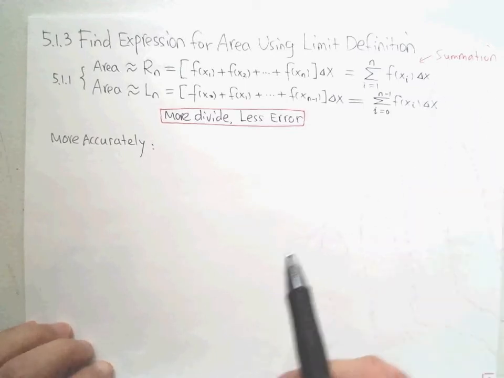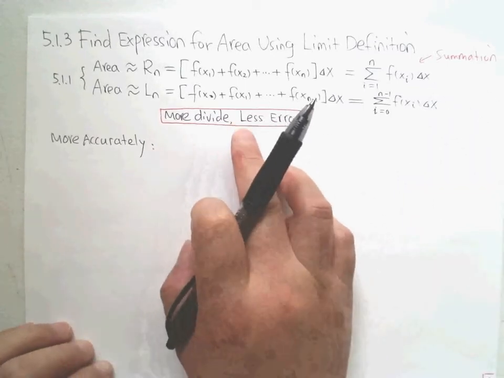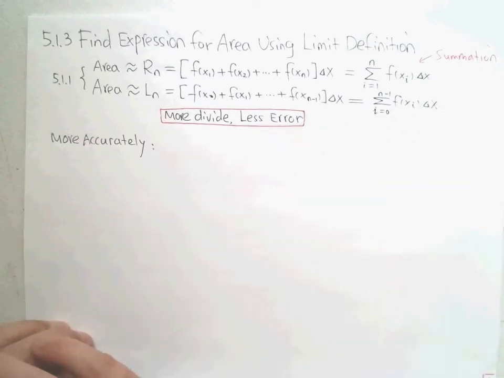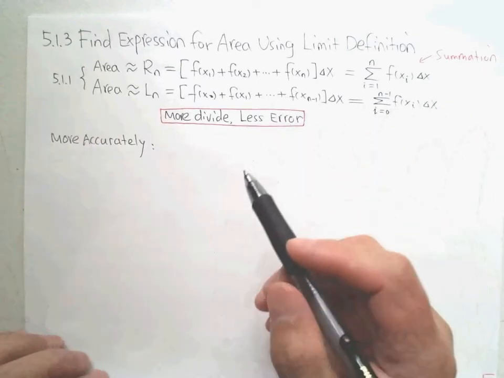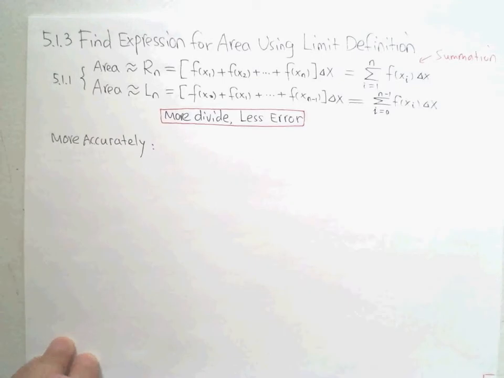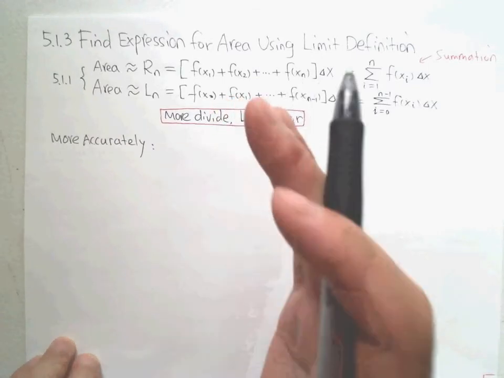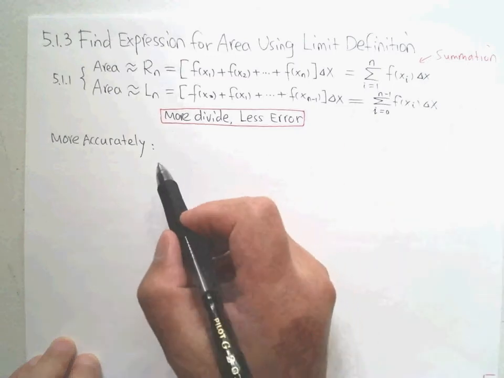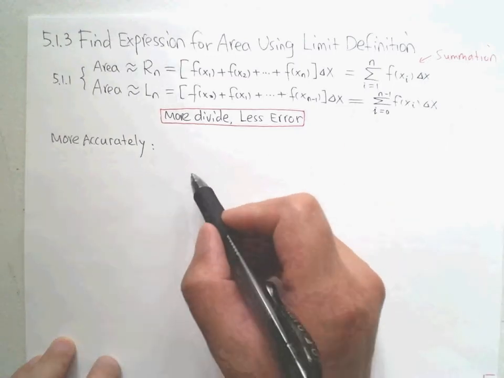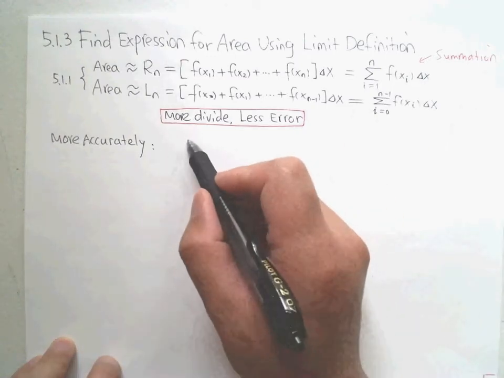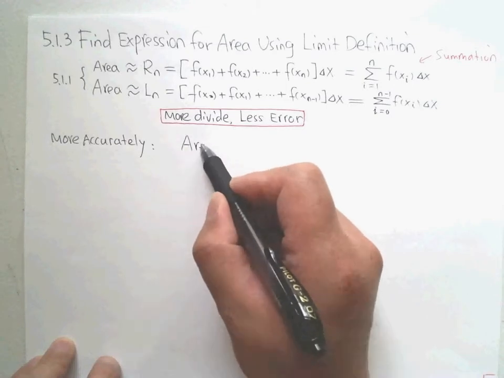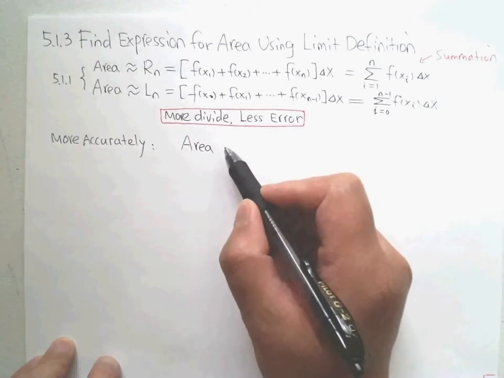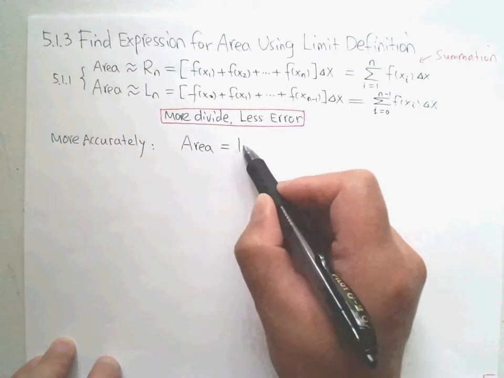We just said more divided, less area error. So more precisely, we cut into infinitely many terms. And finally, for the area under a curve, we can use this limit definition proposed by Isaac Newton.